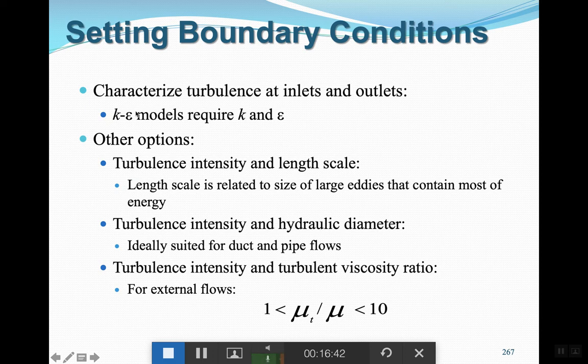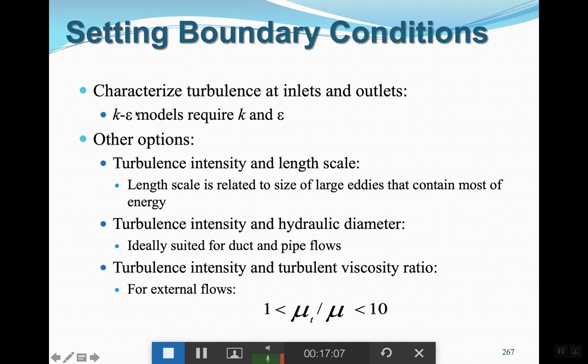Usually there is no definite number that you can calculate, but usually this number is between 5 to 20%, which means some sort of low or modest turbulence coming from the inlet. And usually we do this because we want to let the turbulence happen inside the system rather than outside.